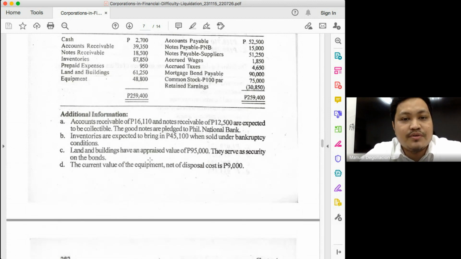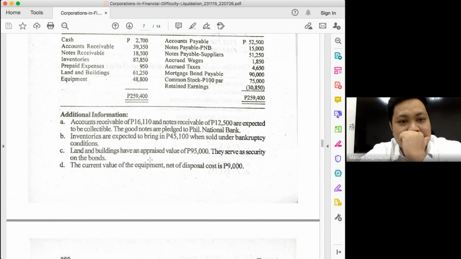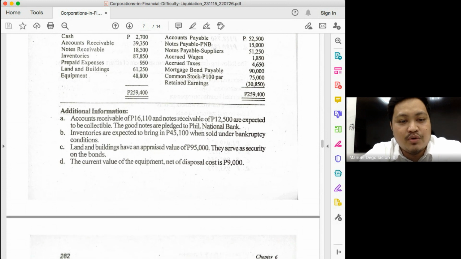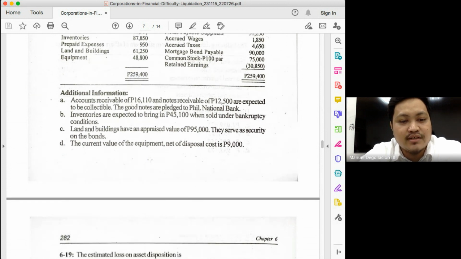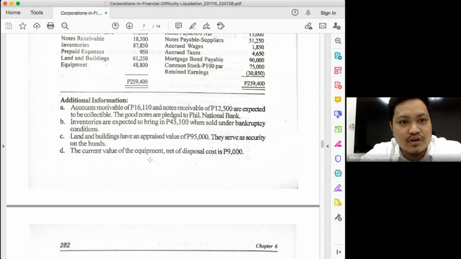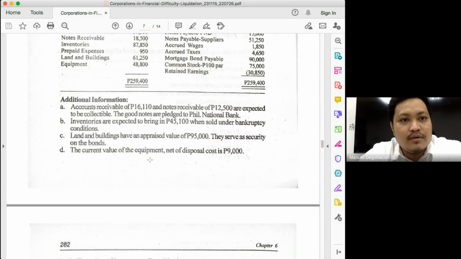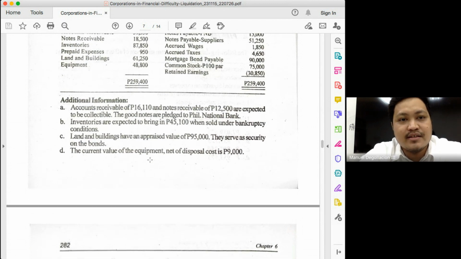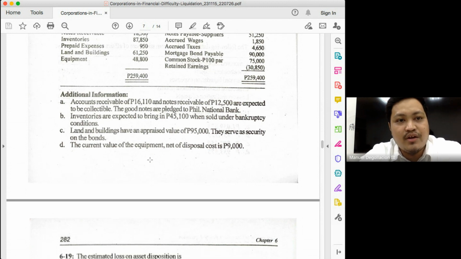Next, you have inventories of 87,850 but can only be sold for 45,100. The difference again will form part of your total loss on realization, class, or loss on asset disposition. Of course, your prepaid expenses, again, it will be brought down to 0. So you'll have a loss of 950 from your prepaid expenses.